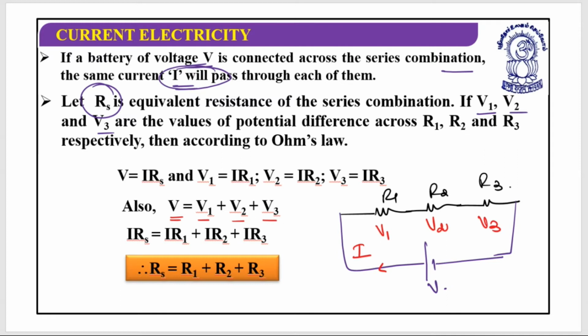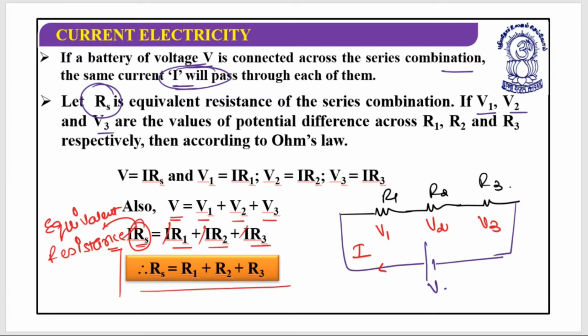So I can say I into RS, where RS is the equivalent resistance. This is I into RS, which would be equal to IR1 plus IR2 plus IR3. If I cancel this I, then RS would be equal to R1 plus R2 plus R3.